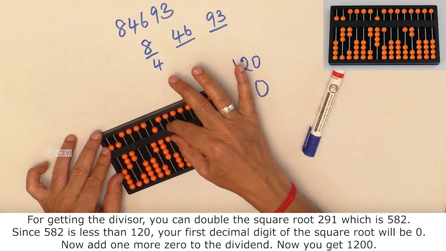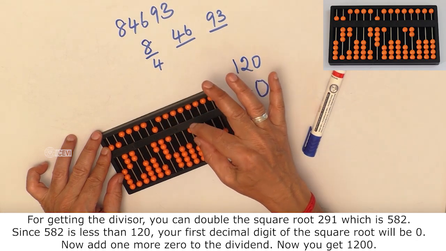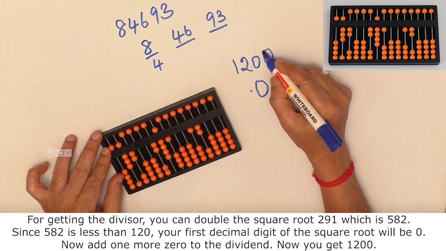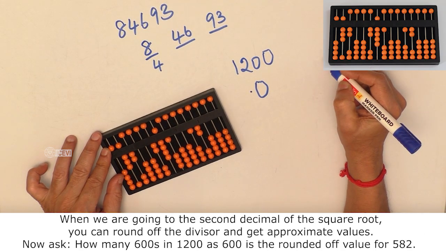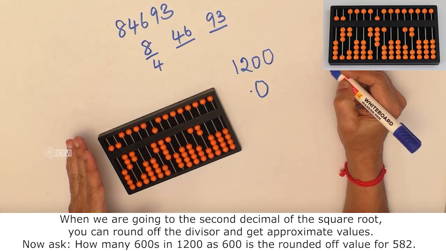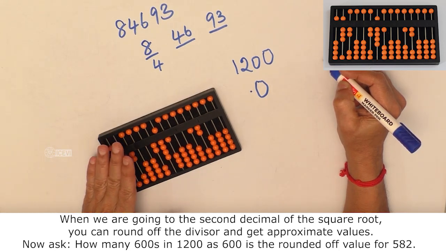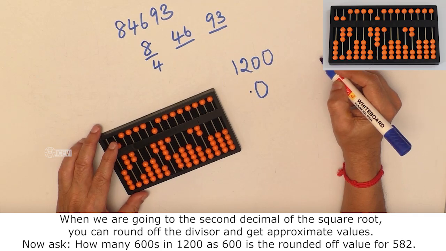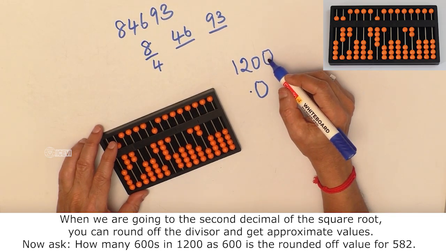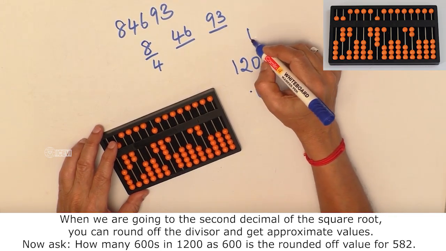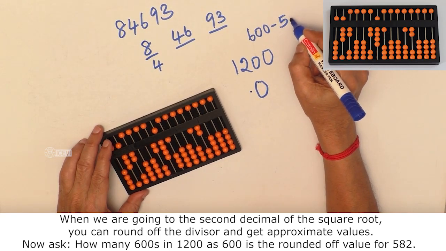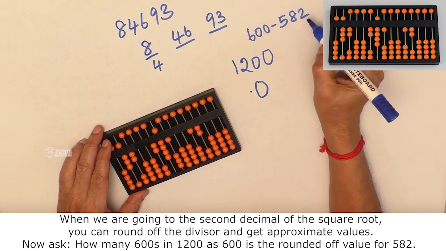That is 0. Now add one more 0 to the dividend and you get 1200. When we are going to the second decimal of the square root, you can round off the divisor and get approximate values. Now ask how many 600s, as 600 is the rounded off value for the number 582.